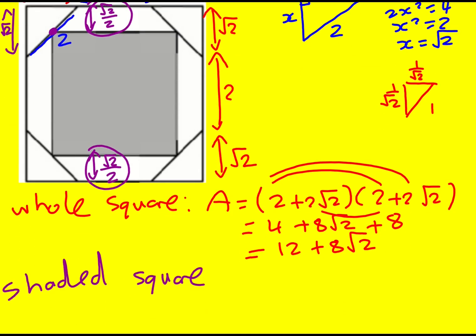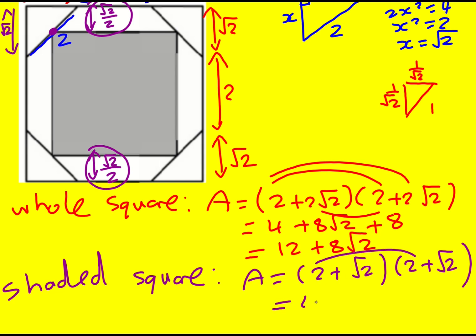What I'm saying is the shaded square area is simply going to be 2 plus root 2, all squared. Because I've got my 2 plus 2 root 2, I'm minusing root 2 over 2, I'm minusing another root 2 over 2. That's going to give me 2 plus root 2.